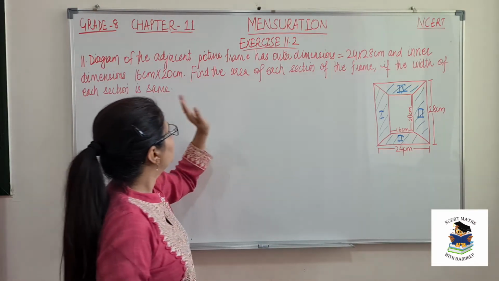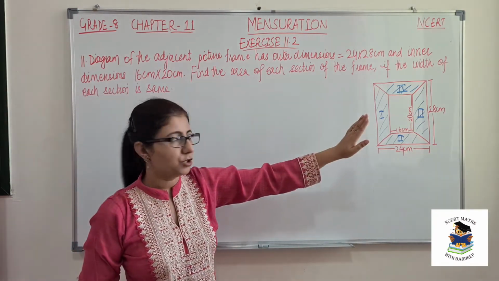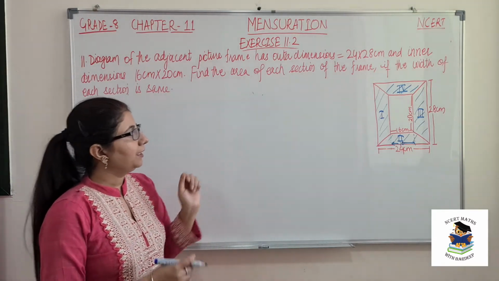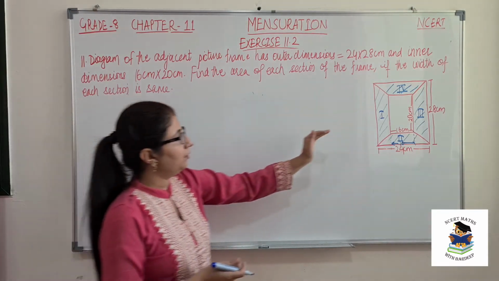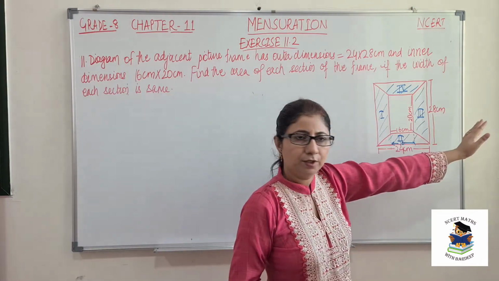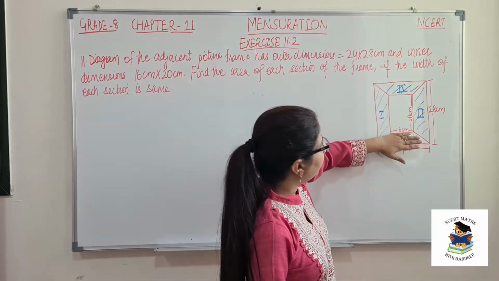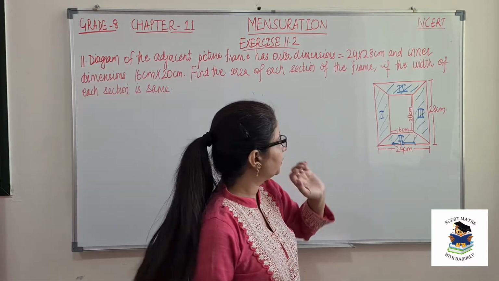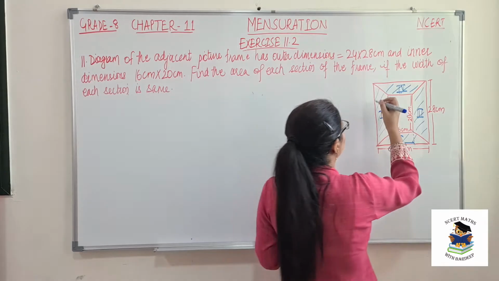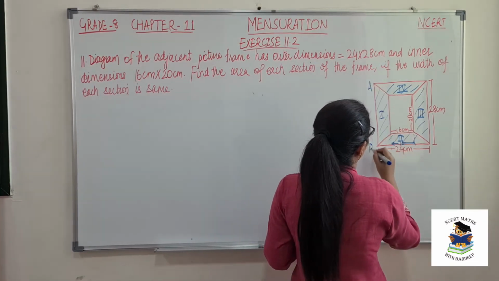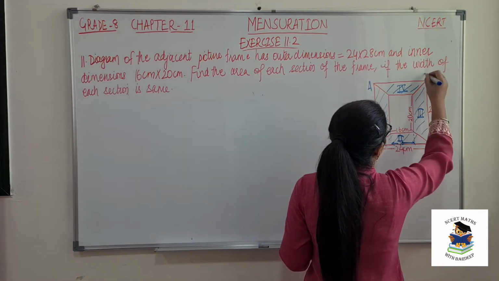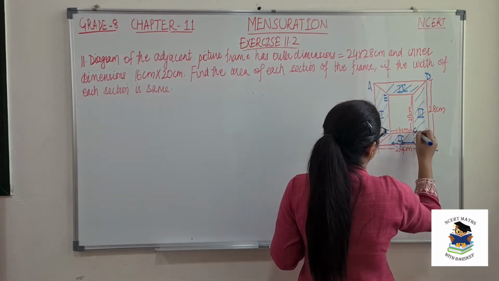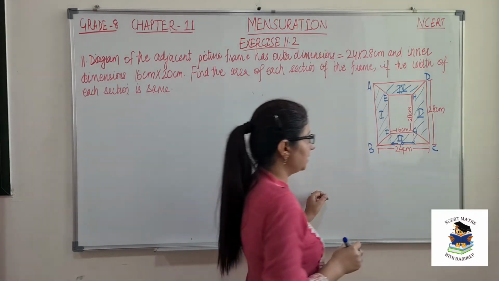They have asked us to find the area of each section. So let's see how to find. We can calculate the area of one trapezium and that will be same as the area of the third trapezium. We will calculate the area of the second trapezium, which will be same as the area of the fourth trapezium. So let's name it first A, B, C, D as the outer layer, E, F, G, H as inside.